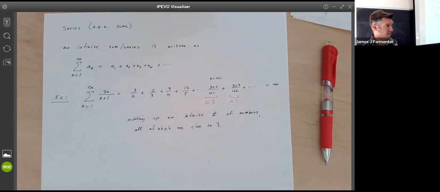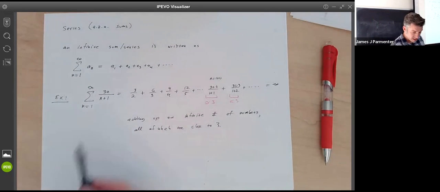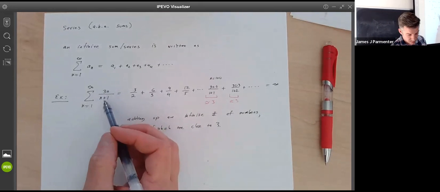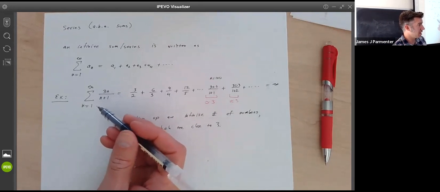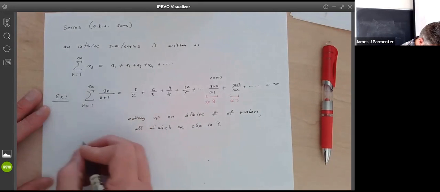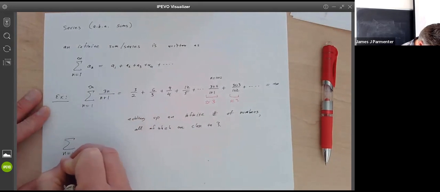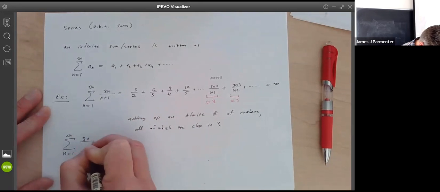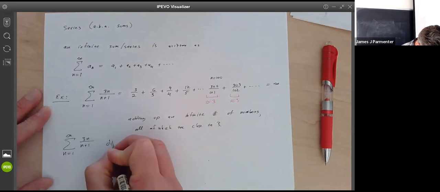If I add up 3 an infinite number of times, I'm going to get infinity. So if the sequence gets really, really close to a number like 3, then the whole thing is going to diverge. This series diverges.